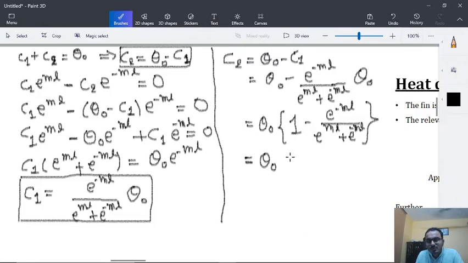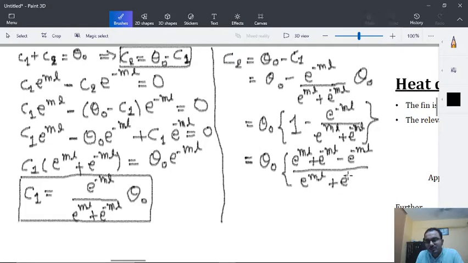So here we are getting is equal to theta 0 into e raised to ml plus e raised to minus ml minus e raised to minus ml divided by e raised to ml plus e raised to minus ml.